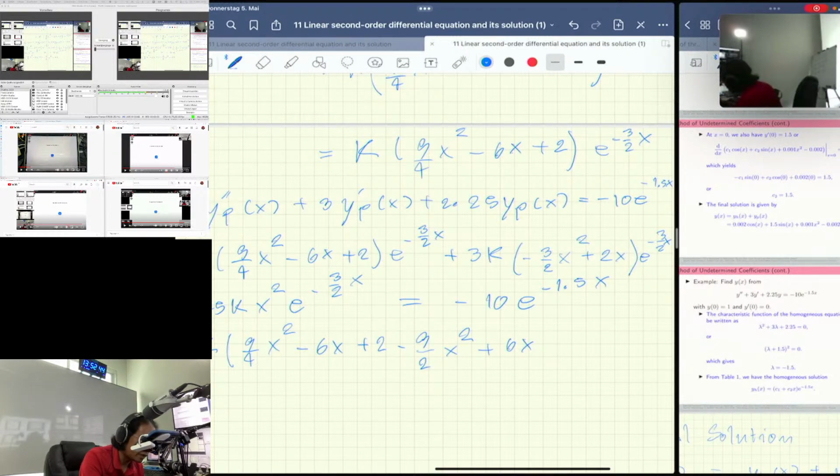And then you have the constant, right? Constant times x squared, you have plus 2.25 x squared, exponential negative 3/2 x, equal to negative 10 exponential negative 1.5 x, right?